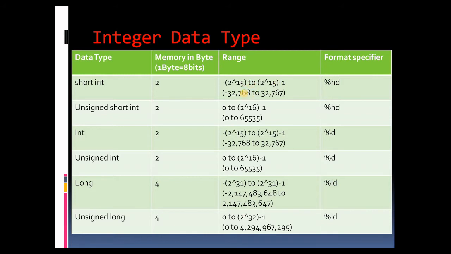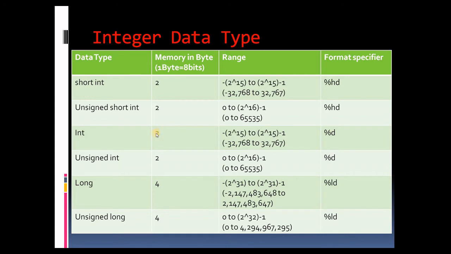The most significant bit represents whether a given number is positive or negative. That most significant bit won't be present in unsigned short integer. That's where you could see 2 to the power of 16 over here. Okay, so this is about short, and when it comes to int, we call it an integer.